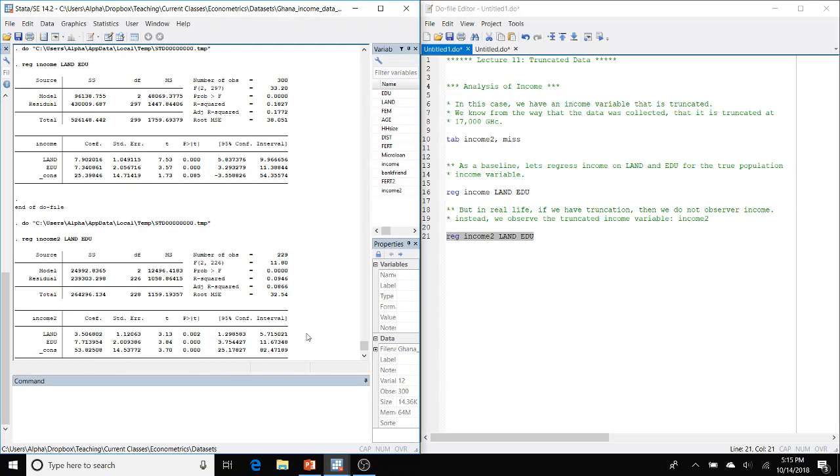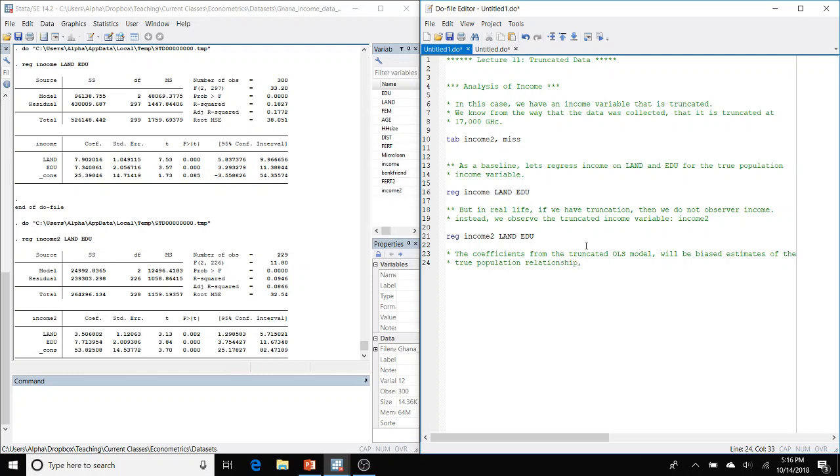Okay, so what do we have here? Let's recap from the lecture. What I said was that the coefficients from the truncated OLS model will be biased estimates of the true population relationship.